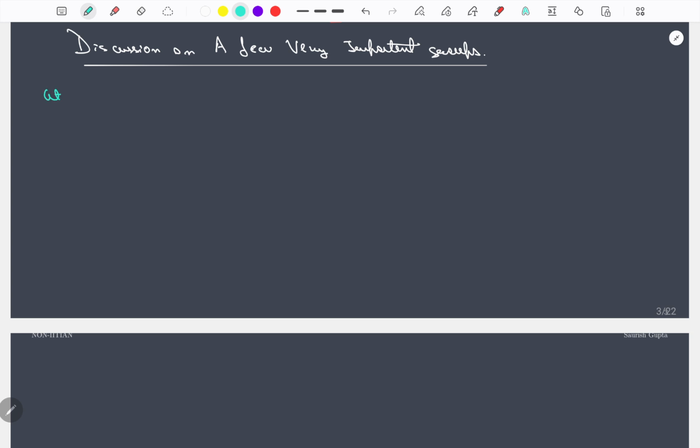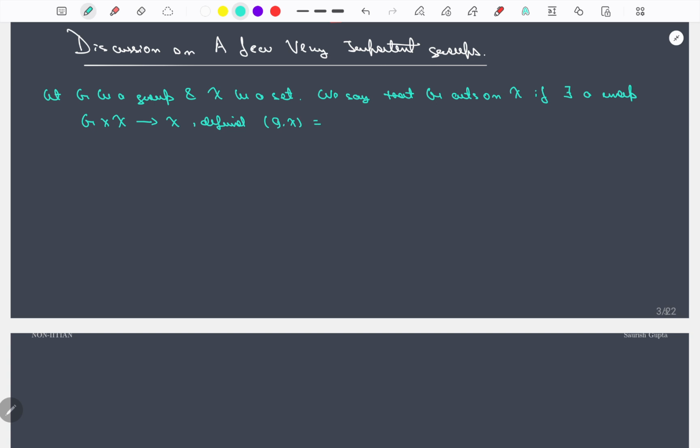So let G be a group and X be a set. So X is just a set. So we say that G acts on X if there exists a map from G cross X to X, defined as we take two elements and we just write it as G dot X, that is G acting on X, such that it follows the following two properties.